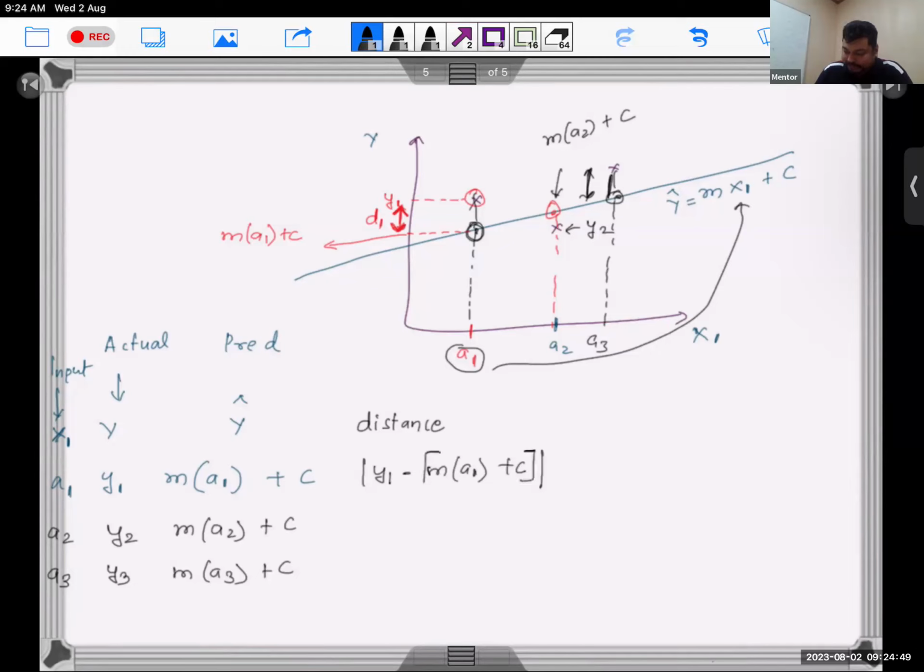Distances are positive. A distance cannot be negative. If the distances were negative, what would happen? Can you think what could be the problem? If I am having one positive and one negative distance and adding them up, that can cancel it out. It can lower the distance, right?